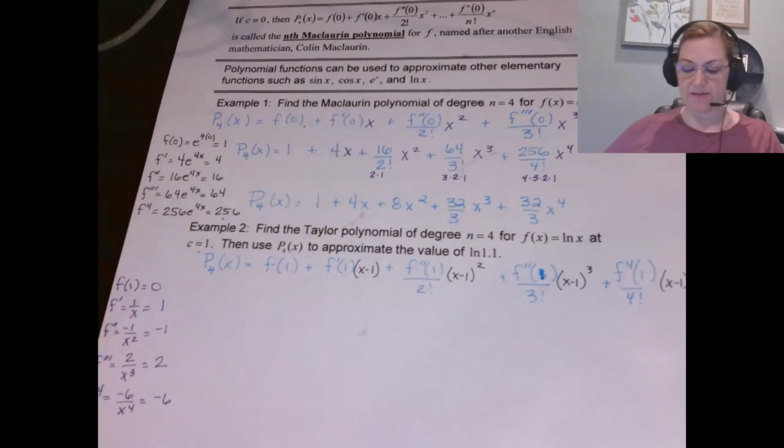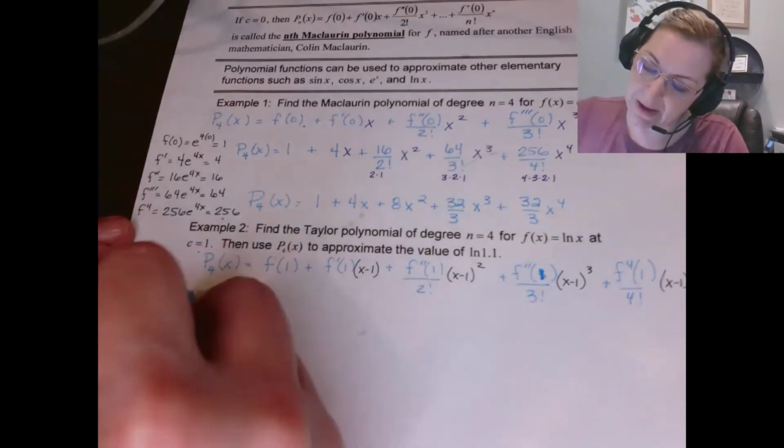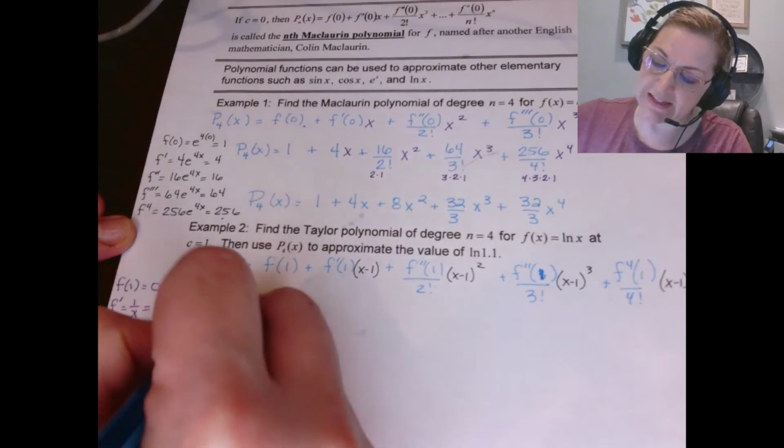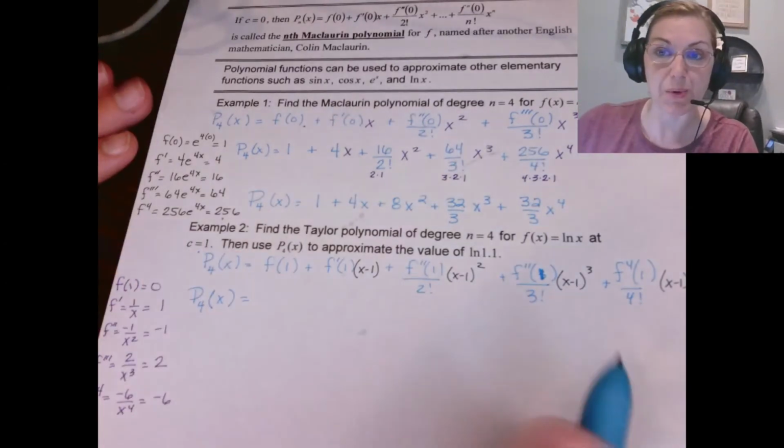So let's put these values in now. So my Taylor polynomial, and again, it's a Taylor because I'm centering at something other than 0.